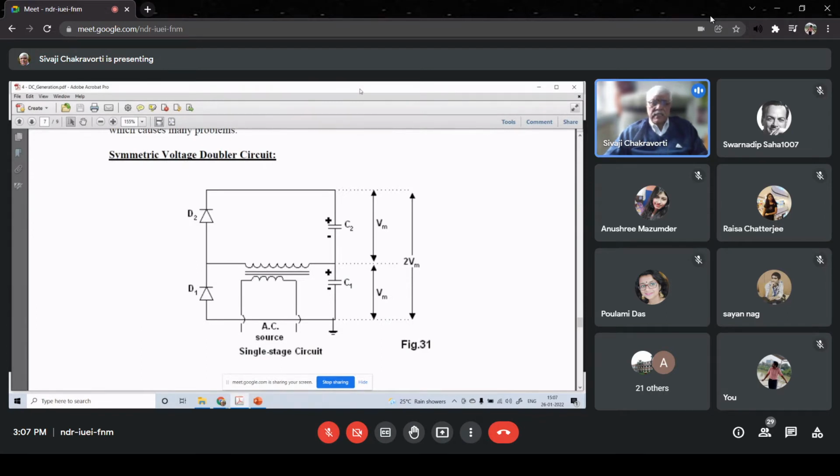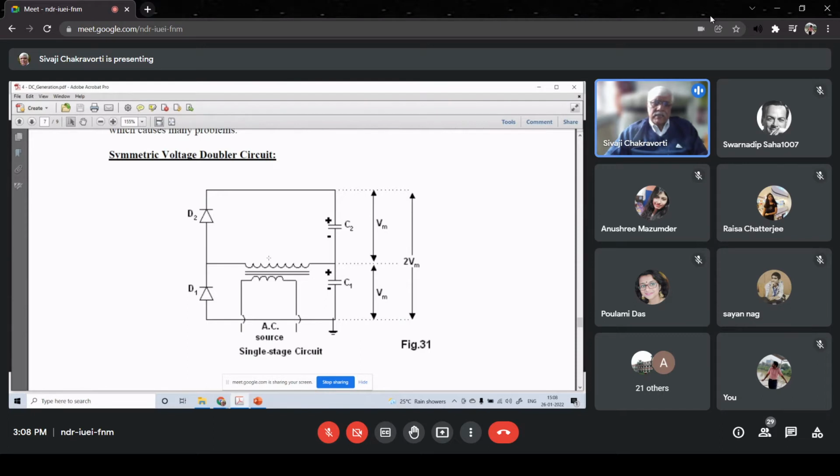Now you can see on your screen the symmetric voltage doubler circuit. It's a very simple circuit. In fact, anybody can understand. We have a single phase low voltage source here, and this is connected to the primary of this step-up transformer.